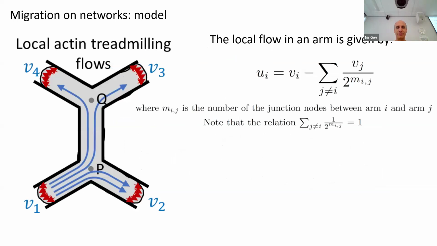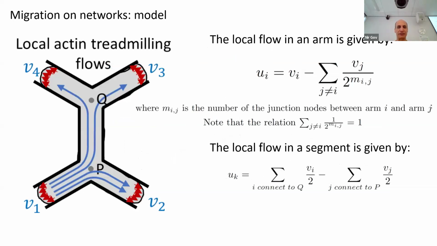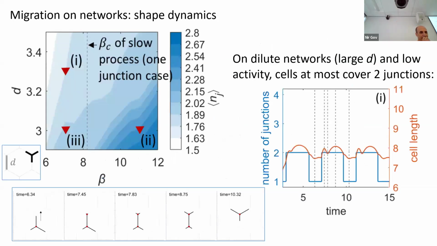So it's the same rule as I said before. And now we can actually study the migration of these objects on such a network. We can look at the number of junctions that this object is spanning as a function of how active it is and the size d of the network. So this is the size of this hexagonal network.